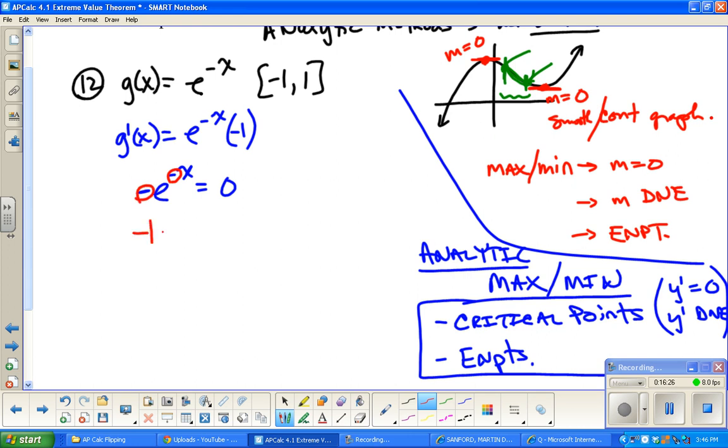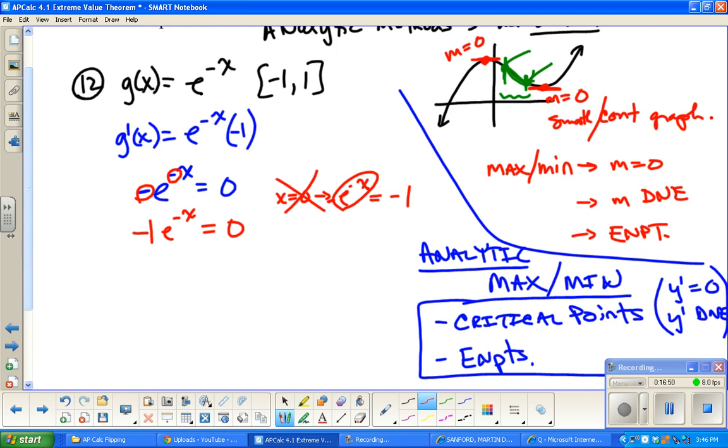You can think of this as -1 times e to the negative x if you prefer. But again, what we're looking for is when this will be equal to 0. Now, just a quick reminder that if x was equal to 0, then negative e to the negative x would actually equal -1, because this thing would be 1 and then you'd make it negative. So x equals 0 is not it.